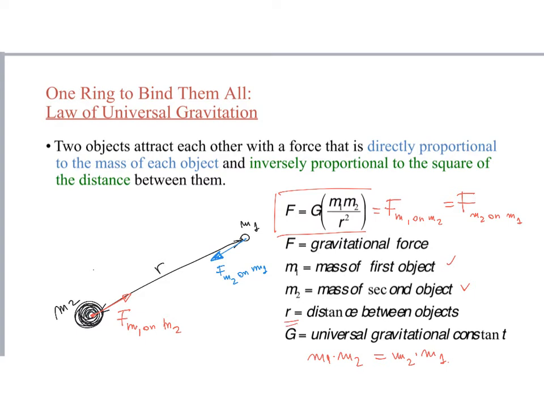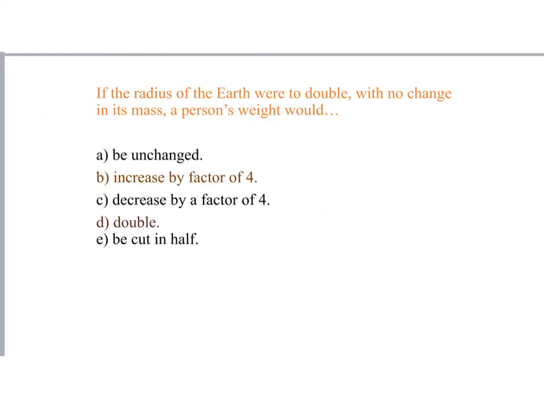Newton realized that for any two masses, when you calculate the force of gravitational attraction between them, you end up with a constant. It has the same value for every single pair of objects, whether you talk about you and a glass of water, you and me, you and Earth, or you and the moon, or just any pair of objects out there.